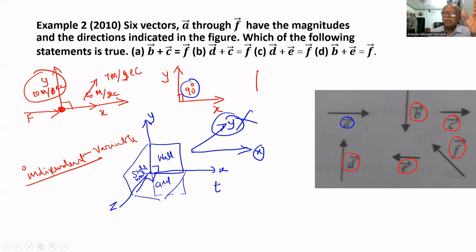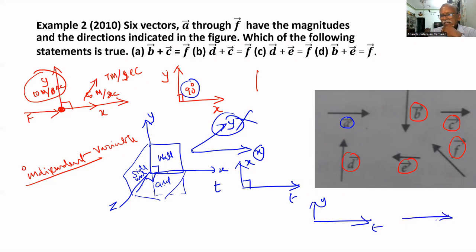Independent means T is orthogonal to X. It means it is 90 degrees to X. If you take the time axis and the X axis, it will be like this, 90 degrees. The time axis and the Y axis, 90 degrees. The time axis and the Z axis, 90 degrees.